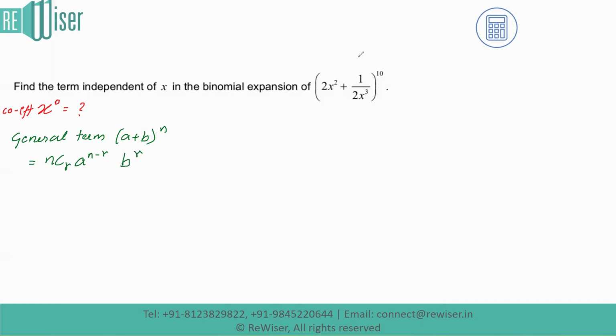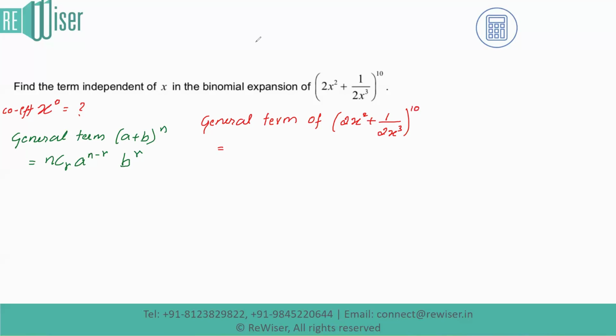With similar logic, let's find the general term of this 2x squared plus 1 over 2x cubed, the whole to the power 10.